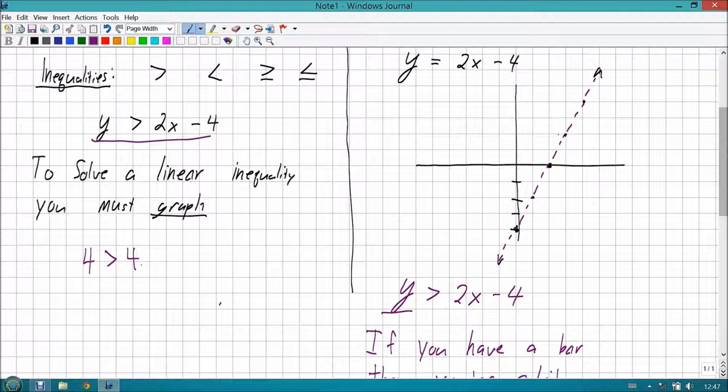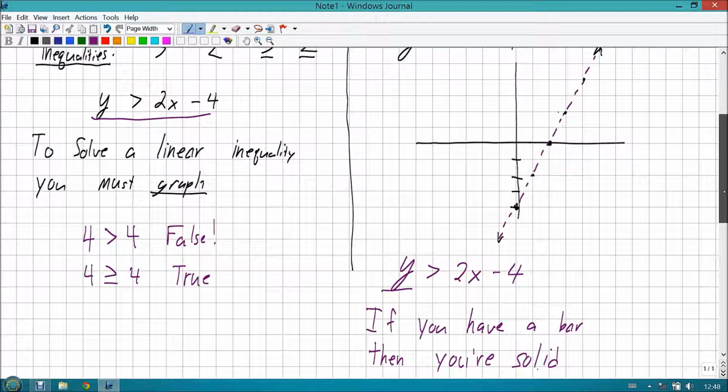So the only way for this to be true, so I'm going to write down false right here, would be if I had 4 is greater than or equal to 4, in which case this is true because they are equal, and the way that OR works in Mathland is that if either one of them is true, then the whole thing is true. That's how OR works. So when we say greater than or equal to, is 4 greater than 4? Well, no. Is 4 equal to 4? Yes. Therefore, it makes a true statement. So since we don't have a bar, we are not solid.